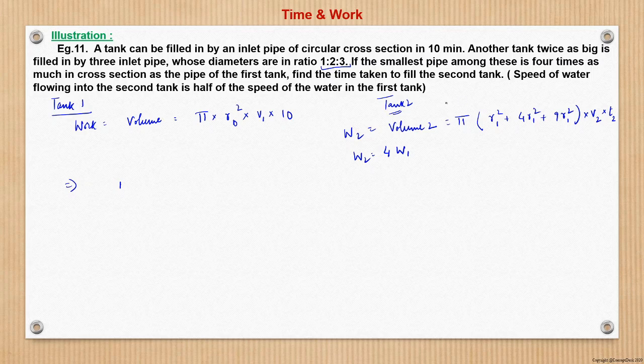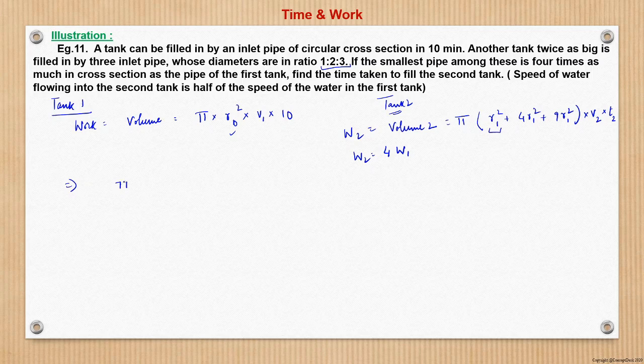And one more piece of information has been given, that the smallest pipe among these four, that is one pipe here R0 and then R1, R2, R3, the smallest pipe is four times as much in cross section. When we say cross section, it means cross sectional area, as the pipe of the first tank. So the smallest pipe between 1, 2, 3 is R1 size.